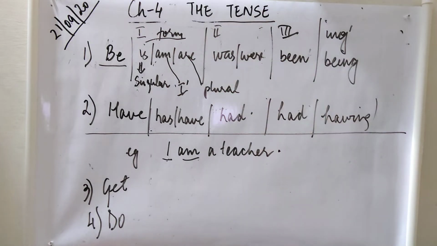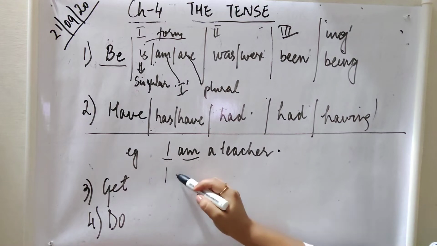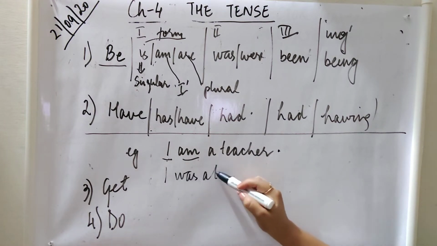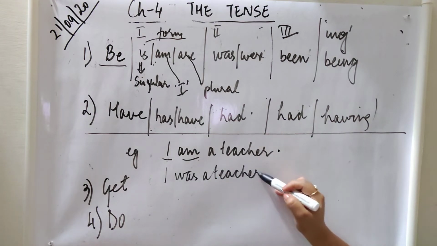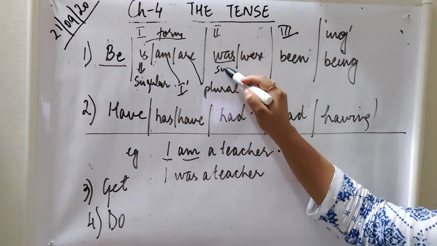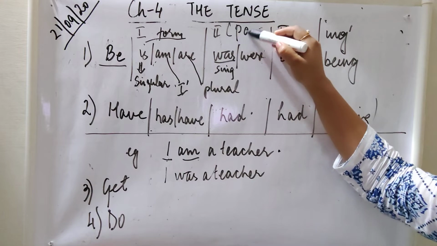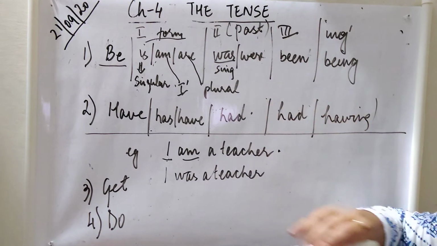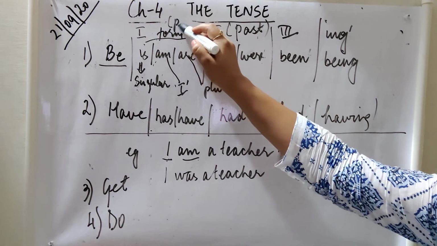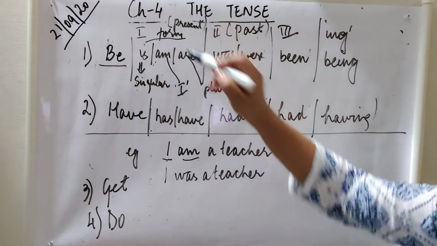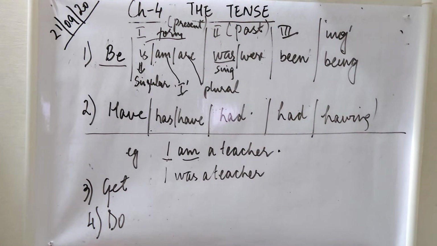If I had to talk in the past, I would have said I was a teacher. Similarly, for the singular subjects, we use was, the second form, for past. For denoting the present, we use the first form of the verb.